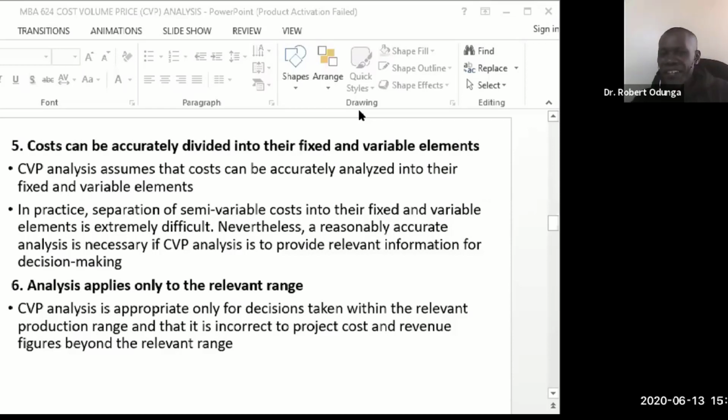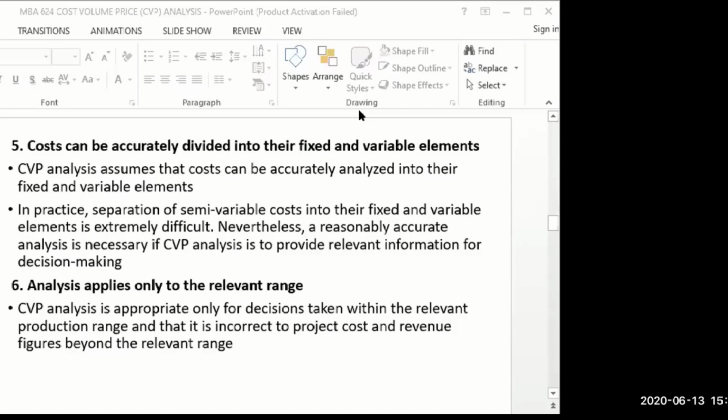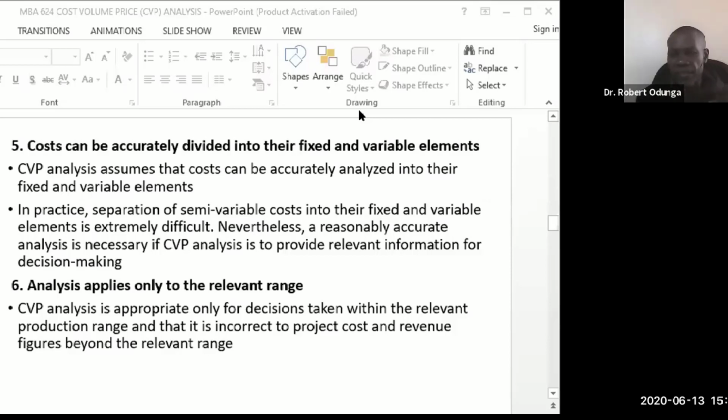So the relevant period is the period when the fixed costs will not have changed, or they will not be forced to change because of the increment in the production. So this is now the relevant period. And if you refer to the textbooks I sent you, you'll see some of these graphs trying to explain that. They are showing clearly the relevant period and the period that is outside the box. So the one that is relevant is that period when we can make such decisions.